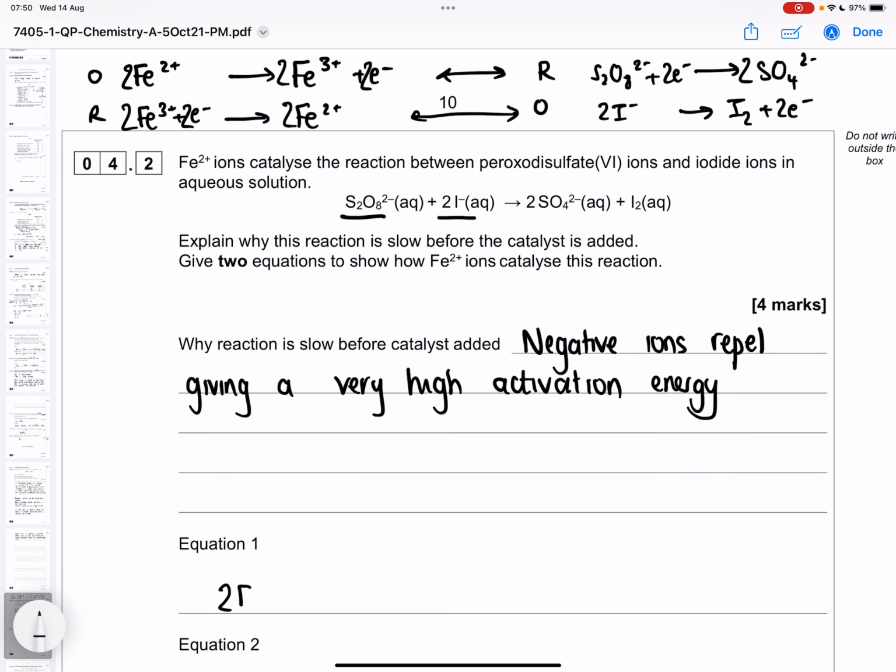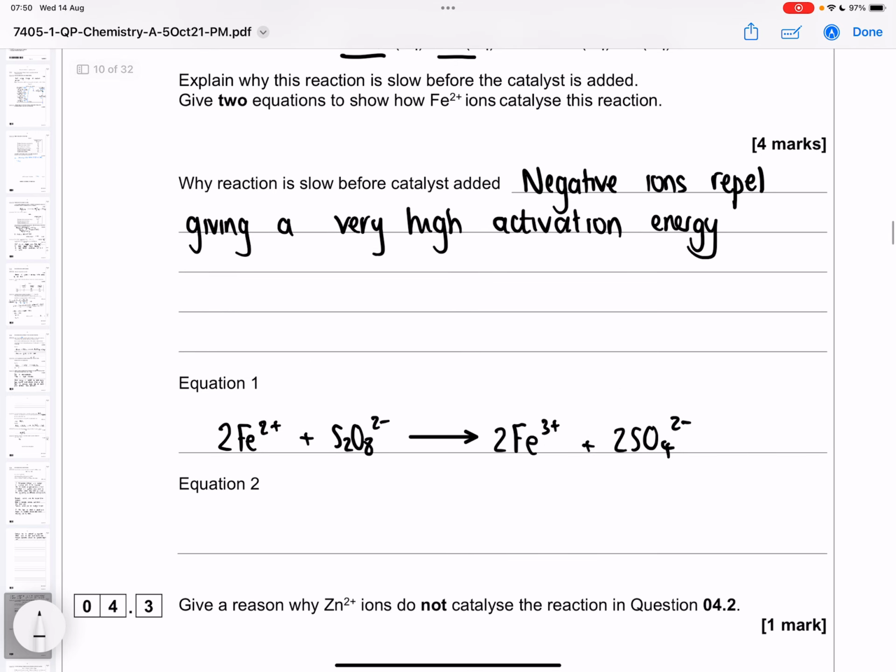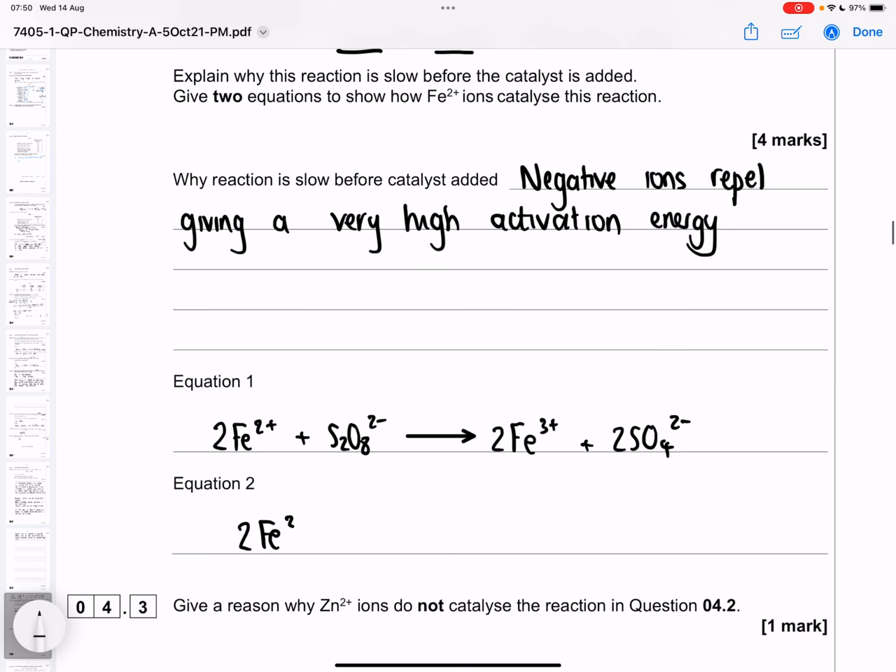So I'm going to have 2 Fe2+ + S2O8 2- goes to 2 Fe3+ + 2 SO4 2-. And then I'm going to combine the bottom 2. 2 Fe3+ + 2I- goes to 2 Fe2+ + I2.